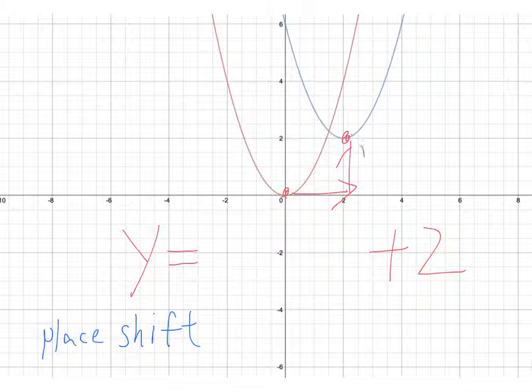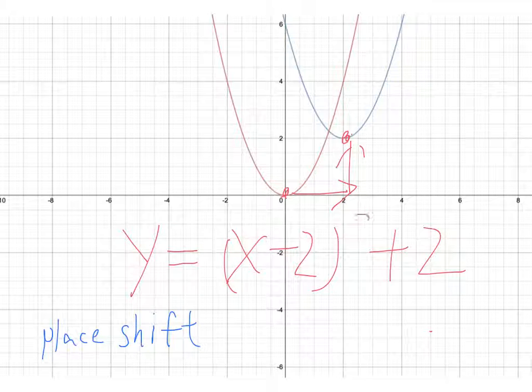So it will be x minus 2 squared plus 2. Remember, when it is x minus something, this 2 is how much it shifts to the right, and when it is plus something in the end, that is how much it shifts up.